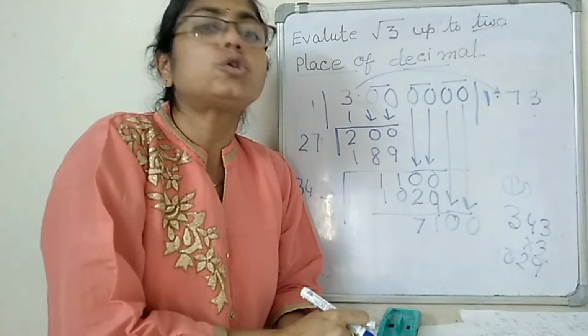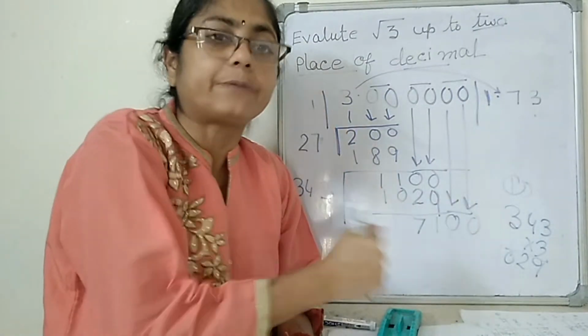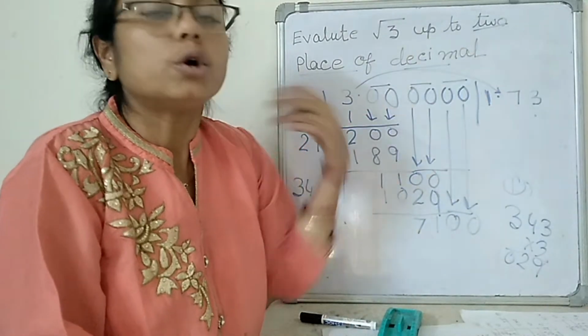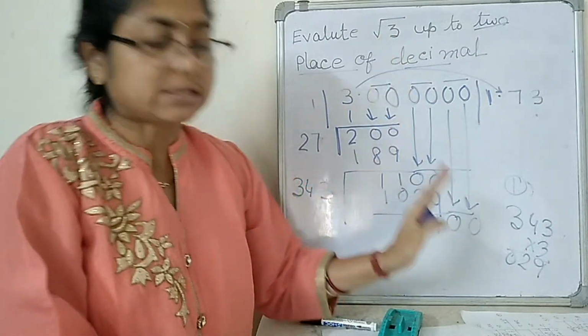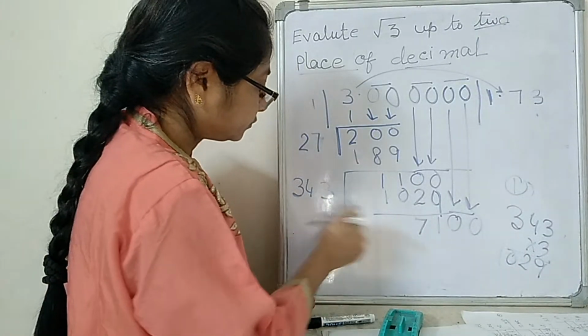So if you do the third step, then you can confirm whether it is 0.73 or 0.74. For that checking, we do one more decimal number in the long division method. Okay.